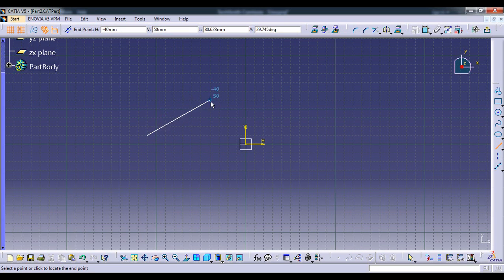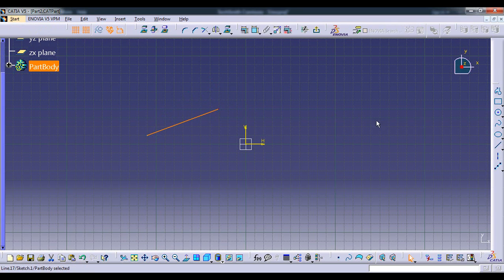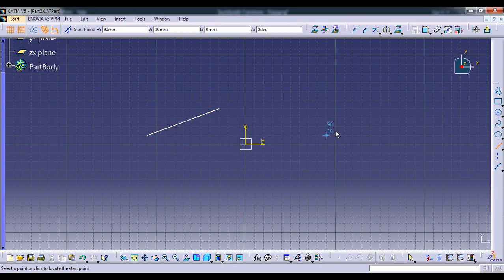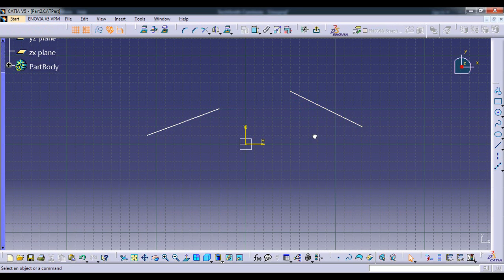There is also one command which allows us to plot the intersection point of two lines. Basically, if we want to plot the intersection point of these two lines, we just need to select the intersection point command. So I will select this.